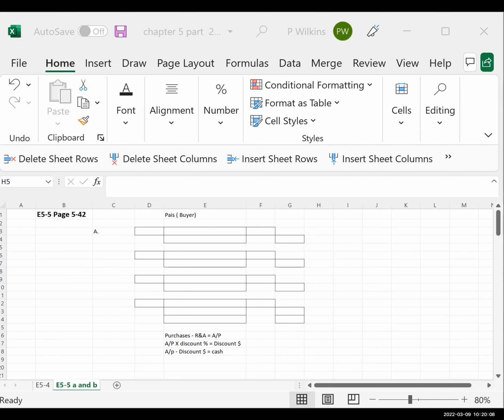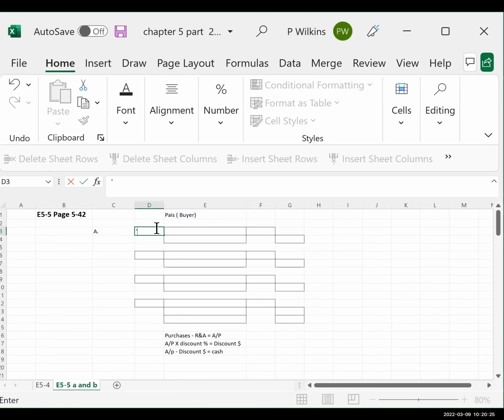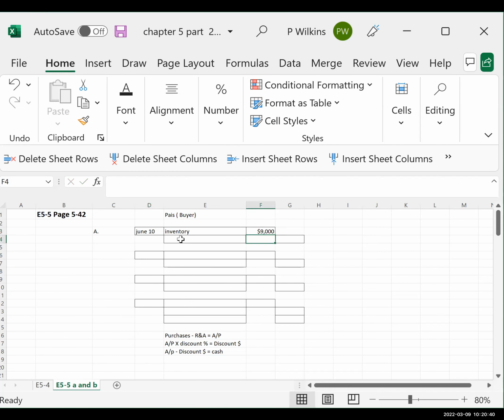On June 10th, Pius Company purchased $9,000 of merchandise from MacGyver Company on account terms 3/10, net 30. So we're Pius Company, we're the buyer. What do we get? We got inventory, right? So the date is June 10th. We're going to debit inventory for $9,000, and then we are going to credit accounts payable.